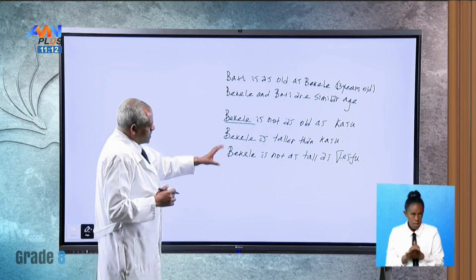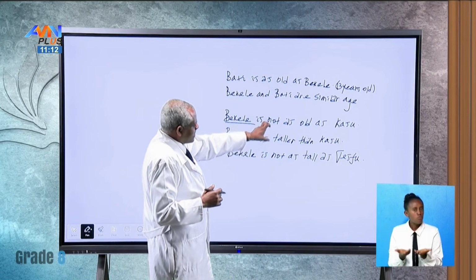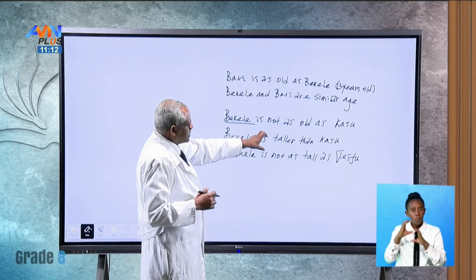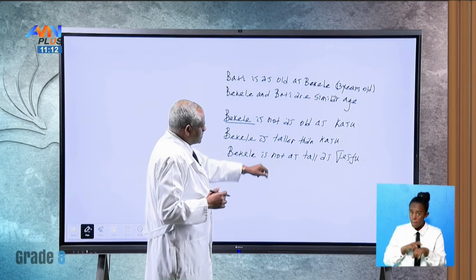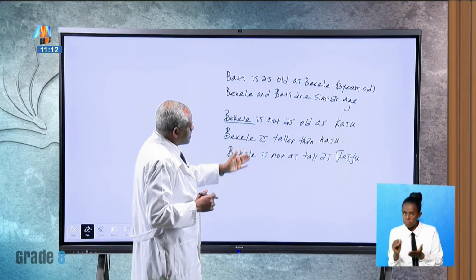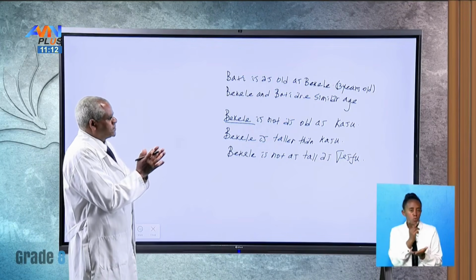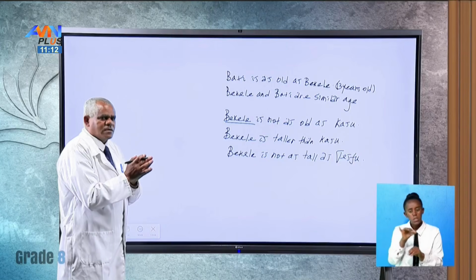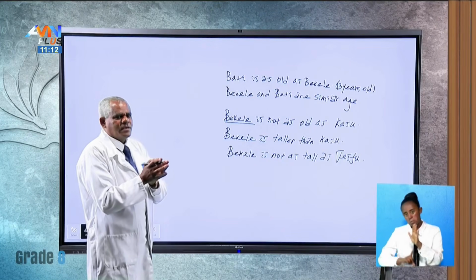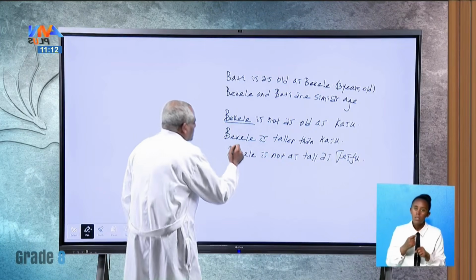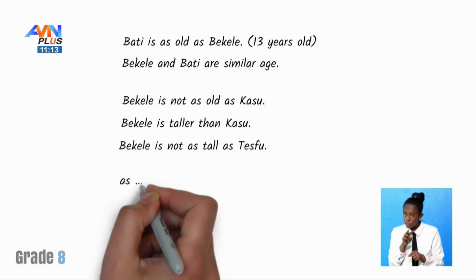So don't forget the way we are interacting with the comparative forms that we learned last time, here that is ER, whereas in the case of the "as... as" structure, we can use it in such a way. If those two people or students are in the same age, in the same height, don't forget to use these two structures.